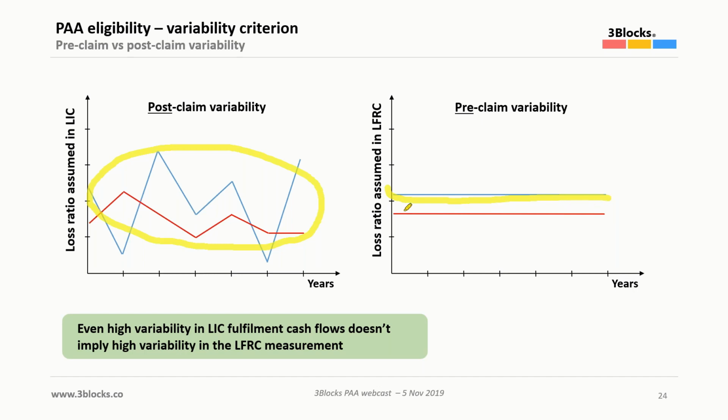So our expected losses going forward in the future are not affected by actual losses or gains incurred in the past. So the conclusion is that even high variability in fulfillment cash flows doesn't imply high variability in the LRFC measurement.